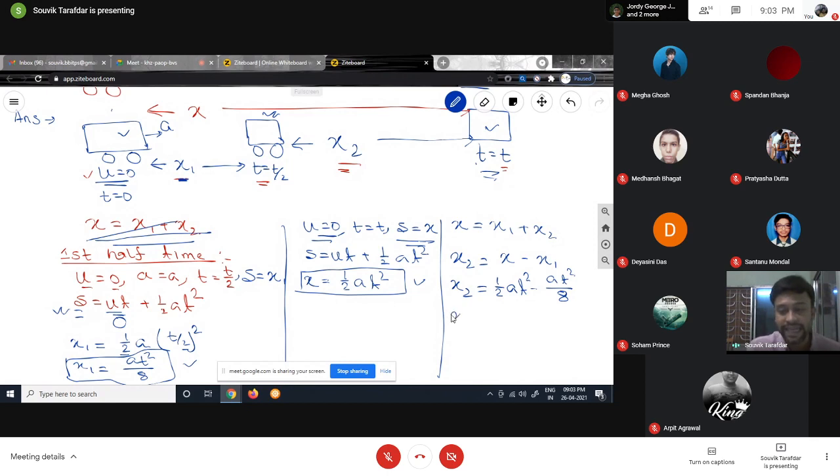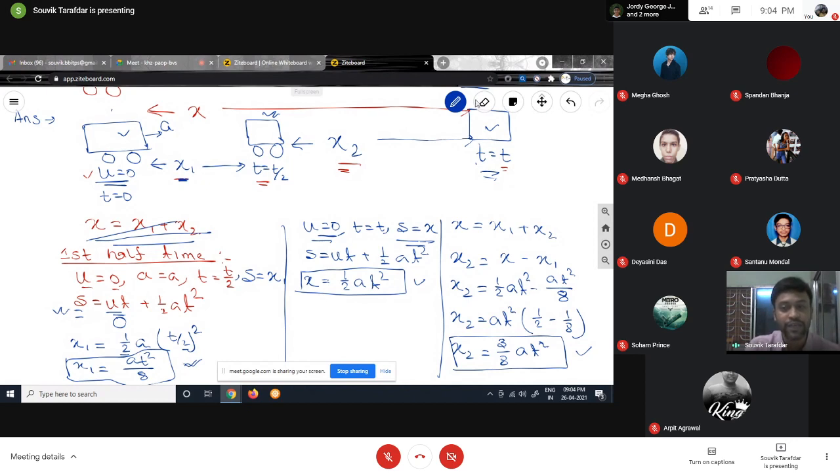Now if I take a t square common, then a t square into (1 by 2 minus 1 by 8). If you do the LCM, 1 by 2 minus 1 by 8 will come 3 by 8. So 3 by 8 a t square is our x2, students. Now we got x2, we got x1.